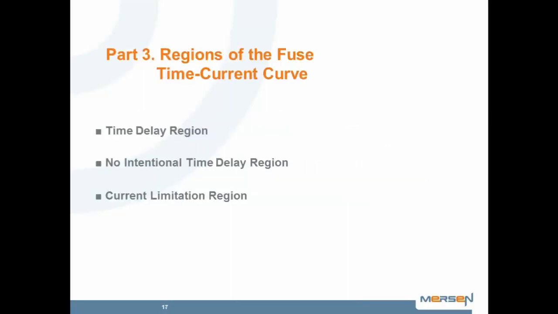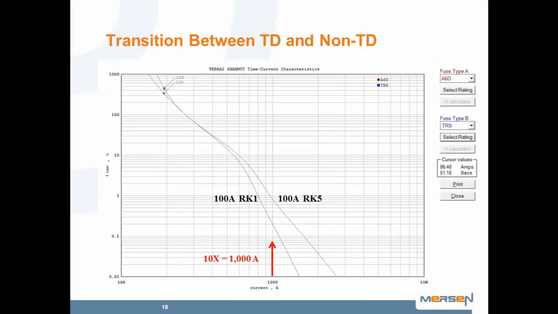Well, let's look at the regions of the fuse time current curve. We are going to see the time delay region, no intentional time delay region, and the current limitation region. This is a comparison of a 100 amp RK1 and a 100 amp RK5.